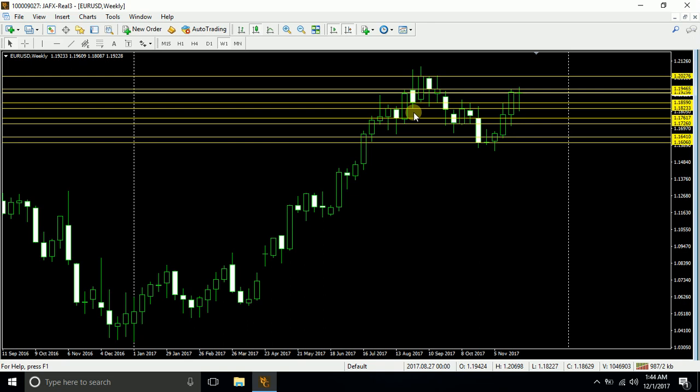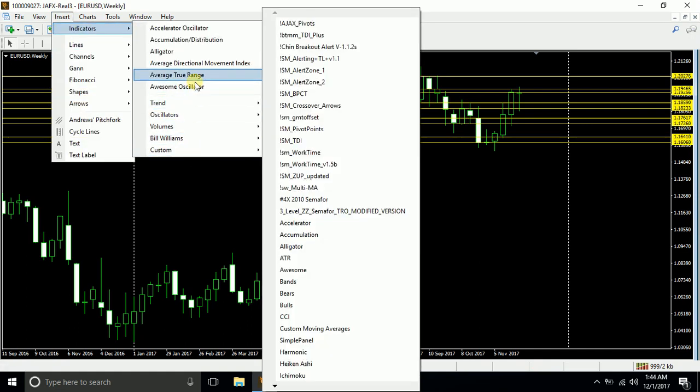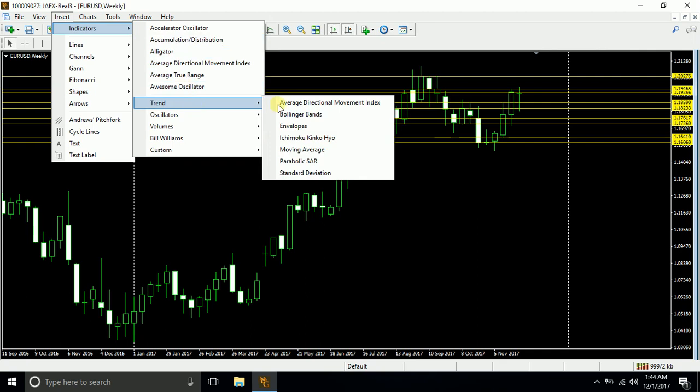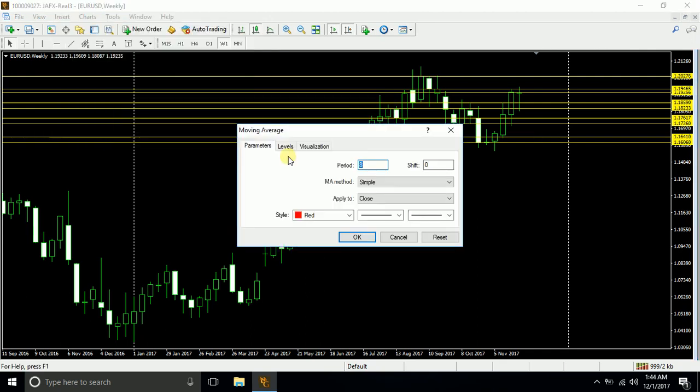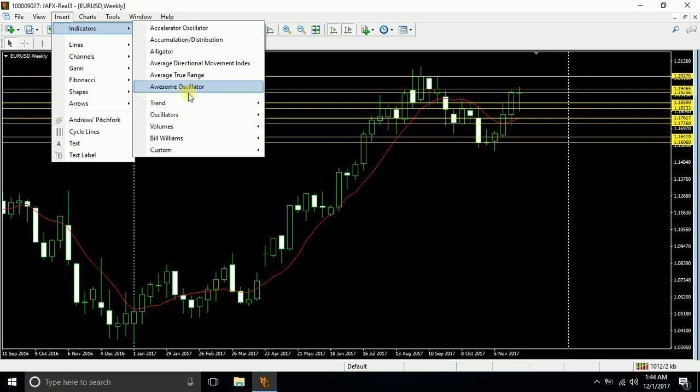Okay. Once you do that on any currency, I'll do another currency pair for this video, but this is the first one. It's going to be Euro USD. We'll go to Insert, Indicators, Trend, Moving Average, and we'll add the 8. Simple. And it's going to be red. Okay.